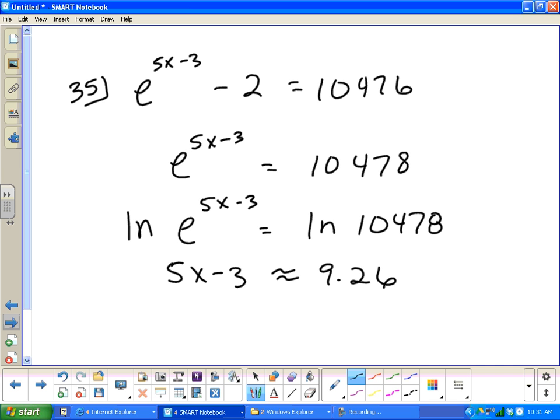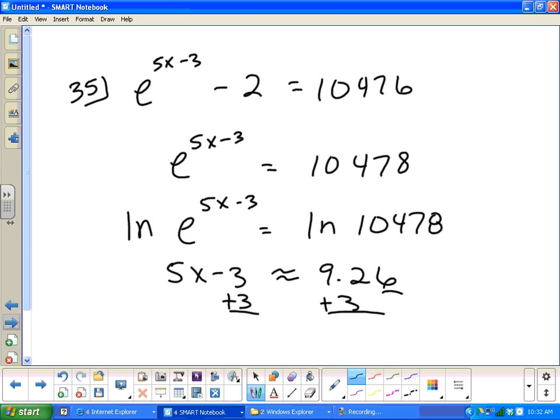Now you're going to add 3. But when we add 3, we're not going to add 3 to 9.26. You're going to add 3 to what's in your calculator, because what's in your calculator with all those decimal places is exact, isn't it? This is not exact. That's been rounded. So you say, what's in your calculator plus 3. You wouldn't have to take the natural log before. And then divide by 5.